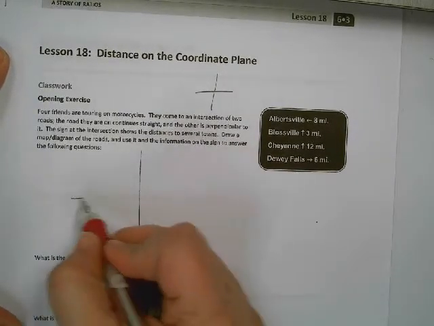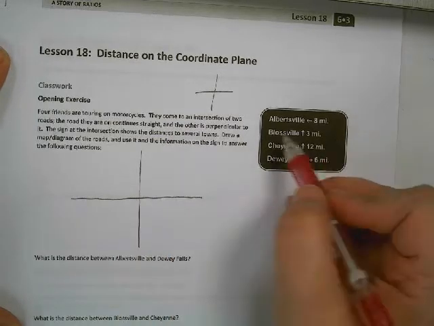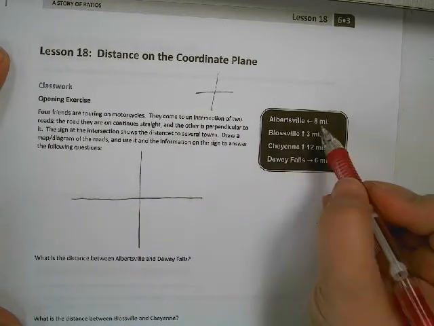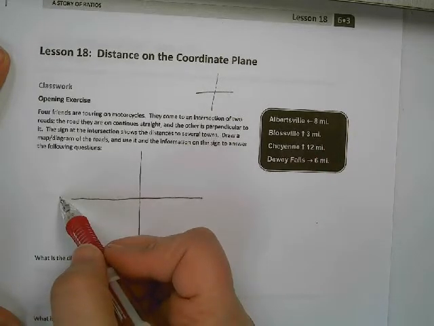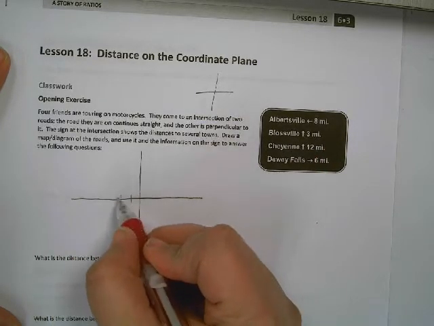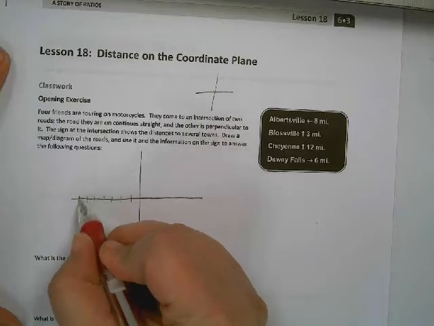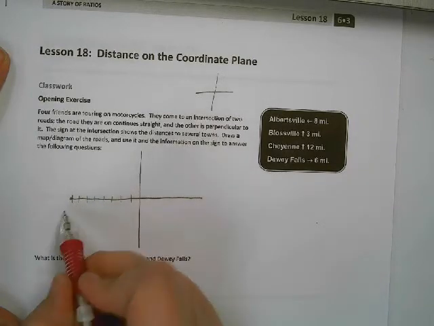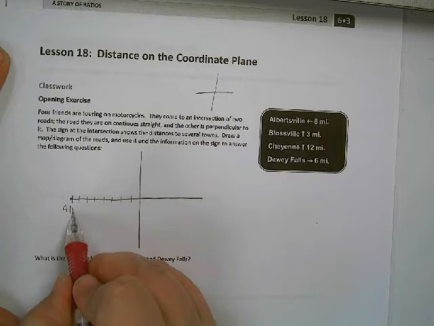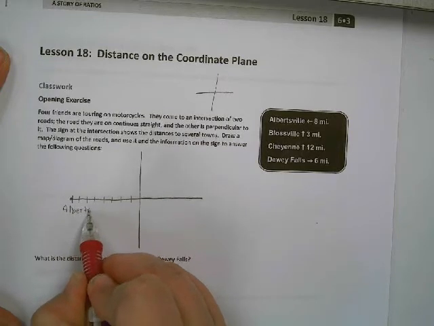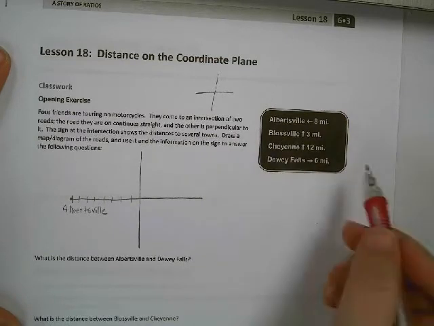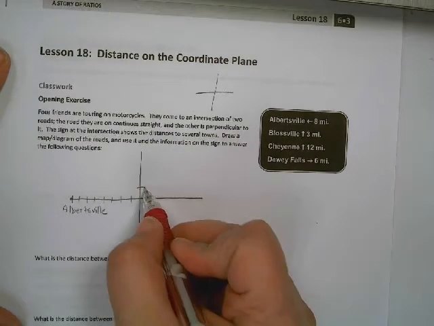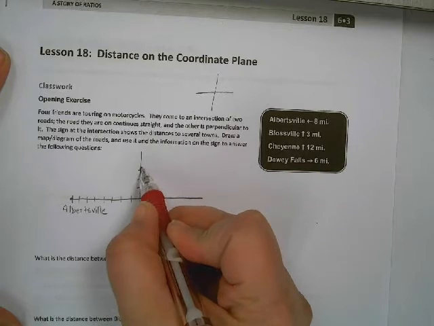So if I make my map this way, it tells me Albertsville is 8 miles this direction. So 1, 2, 3, 4, 5, 6, 7, 8. This would be Albertsville. Blossville is 3 miles up, so 1, 2, 3.